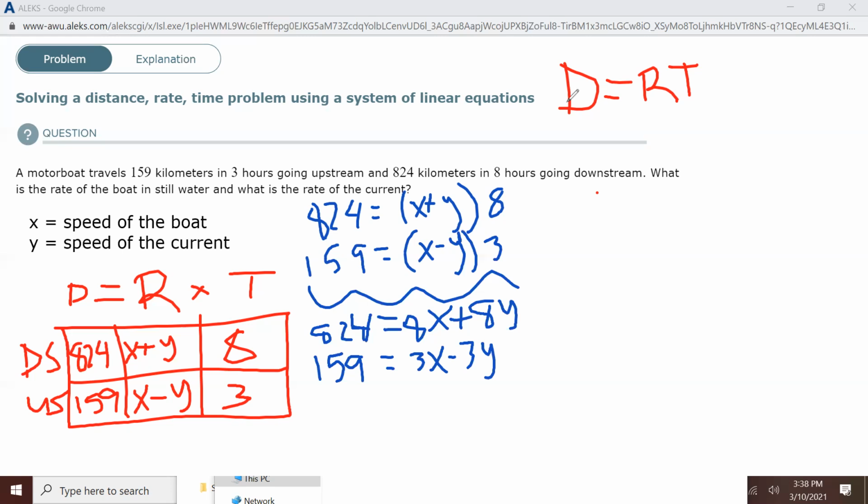I think I'll do elimination and multiply the first equation by 3 and the second by 8 so that I get the following system of equations.